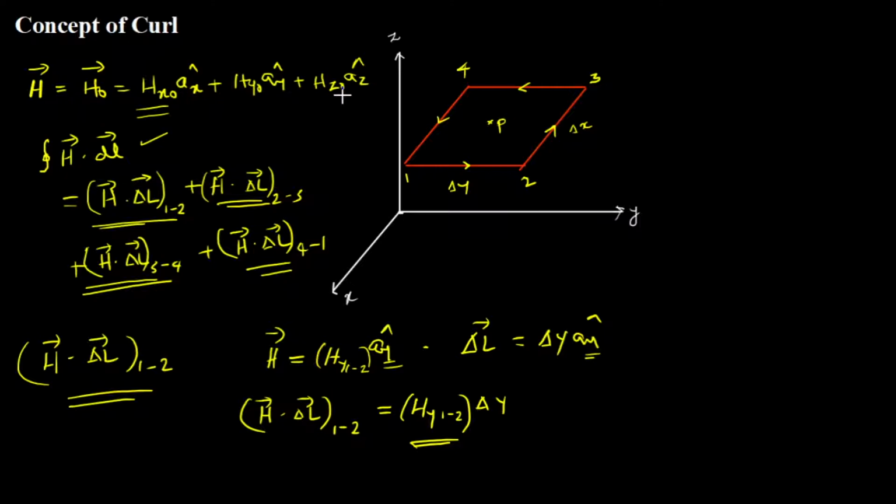Now the intensity Hy along 1 to 2, can I express it in terms of Hy0 which is existing at point P? A big yes is the answer.